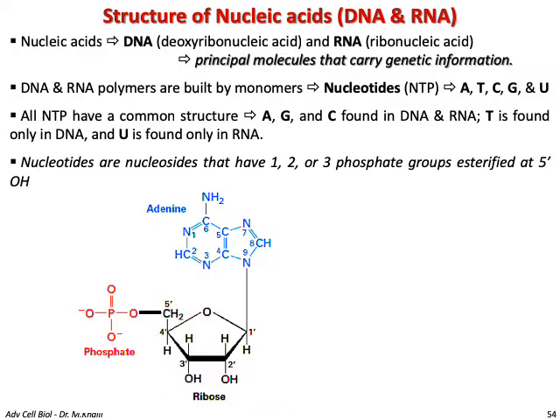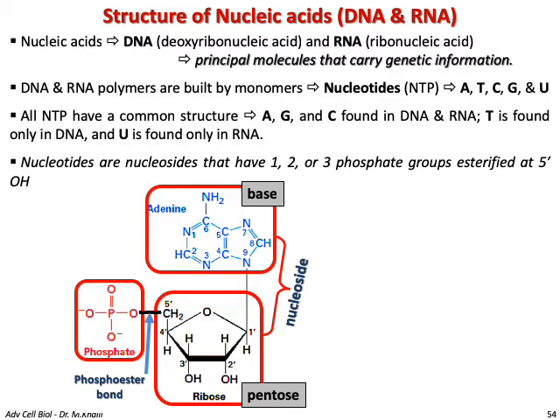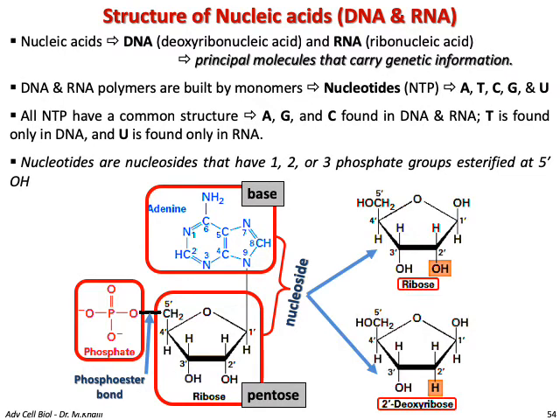If you go closer into the structure of nucleic acid, of course you know that it consists of nucleotides A, T, C, G, and U in the RNA. Nucleotides consist of a base, a pentose sugar, and a phosphate group bound to the pentose sugar by a phosphoester bond. The pentose and the base form the nucleoside.